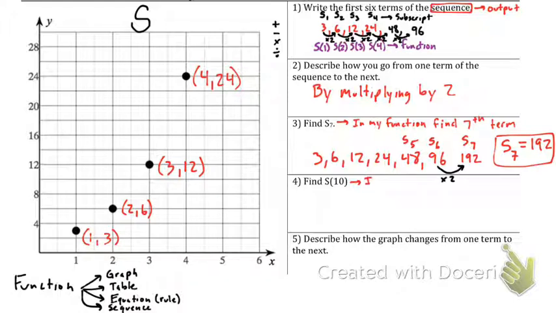So again, this states in my function, what is the 10th number or term.